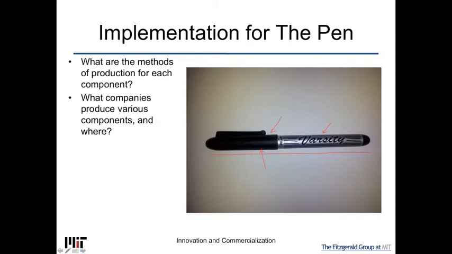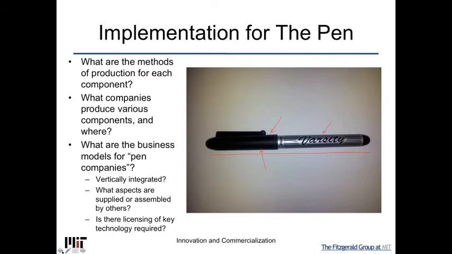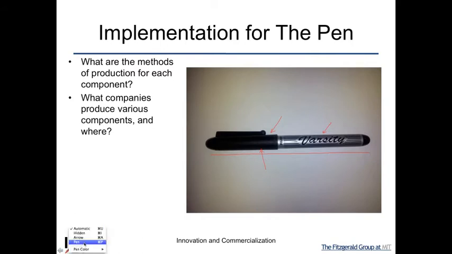Of course, related to that is the structure of the industry, which is that for each one of these pieces, there's a particular company. And the question becomes, what company is associated with each one? So suppose that this cap is made by one injection molded company. How many companies are there, and how many of them actually work in this area?